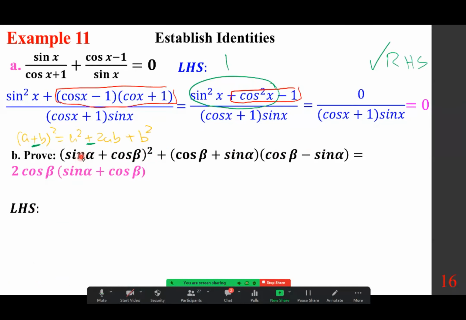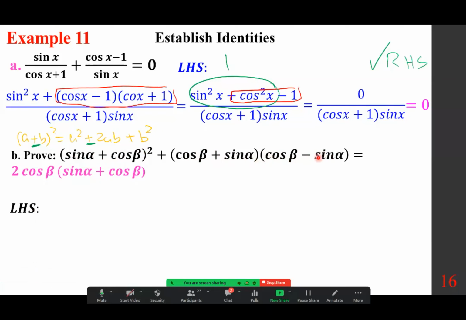Therefore, this is sine squared alpha plus 2 sine alpha cosine beta. It's not A and B. Plus cosine squared beta. These two, okay? A plus B times A minus B is A squared minus B squared. So the product of these two is cosine squared beta minus sine squared beta.